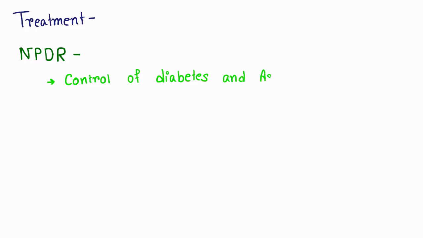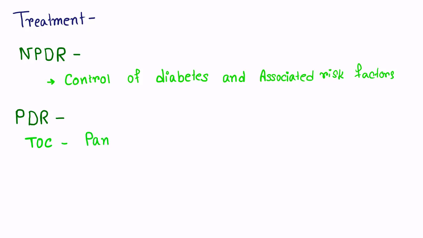Now, coming to the treatment of diabetic retinopathy. For NPDR, the only advocated treatment is control of diabetes and associated risk factors like hypertension and cardiovascular disease. For PDR, the treatment of choice is pan-retinal photocoagulation.